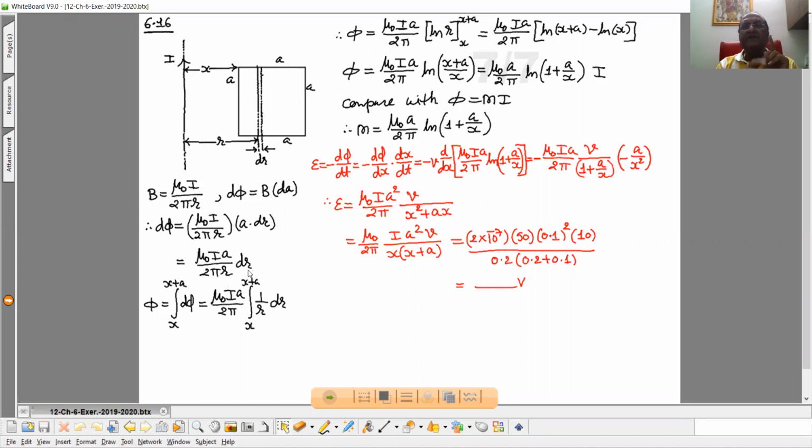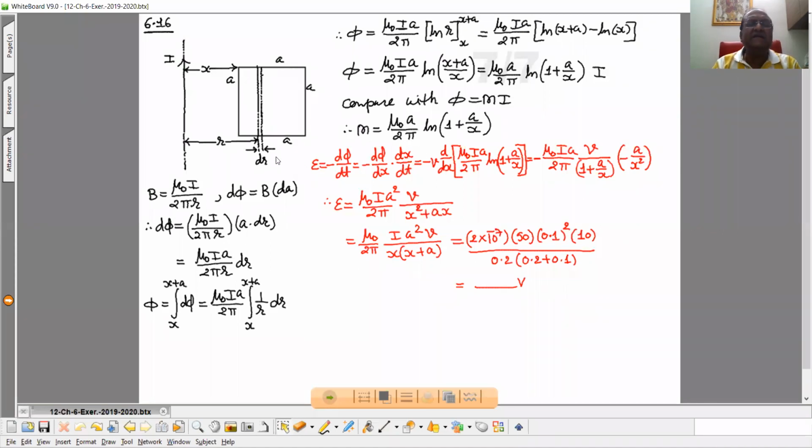Now if we consider this square loop is made up of a large number of infinitesimal thin strips, these thin strips will start from distance x from the wire to the other end of the loop, which will be at a distance x plus a from the wire.